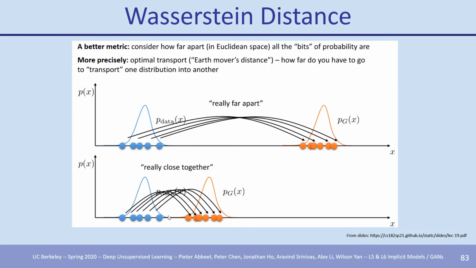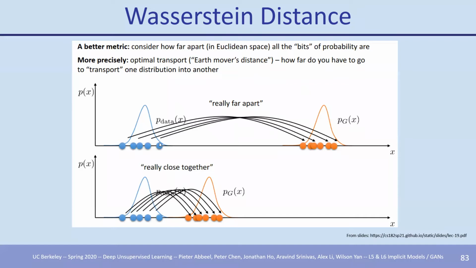Once they start overlapping significantly, then the problem is solved. But when they're far away, it's hard to get them to overlap, because it could be anywhere, and then the cost is always zero, non-overlapping, or the distance is very high. And so they came up with this Earth mover's distance.